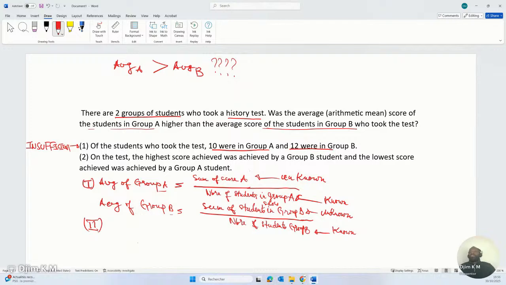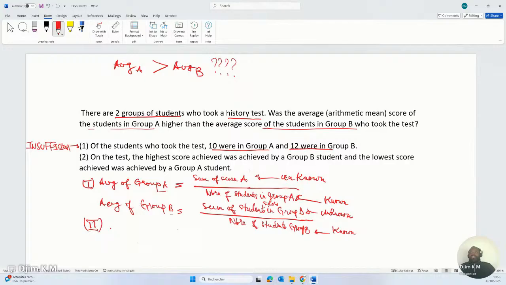Even though the group B student got the highest score, what about the rest? What was their score?